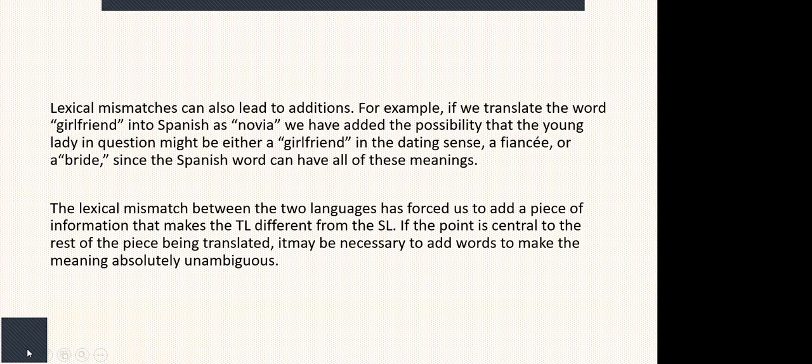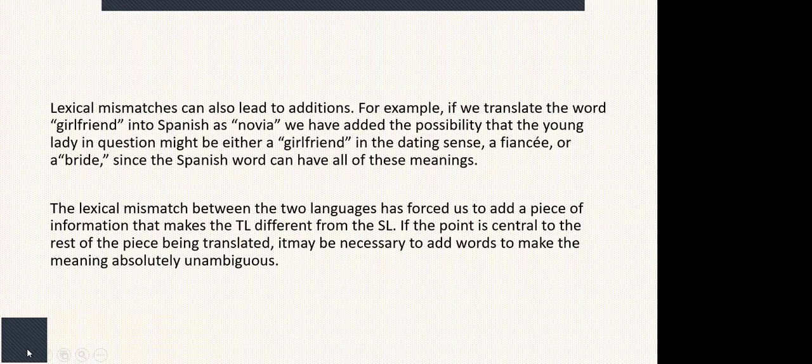But if a young lady has undergone some kind of formal commitment, then it's a fiancée. That could also be even a bride, so someone about to be married, already with a white gown on her, right?